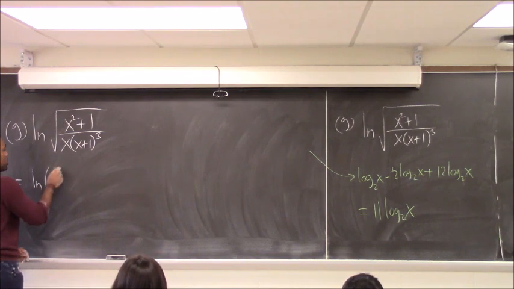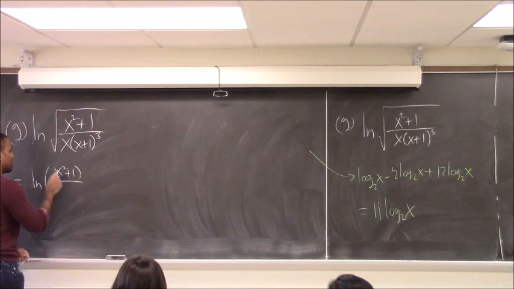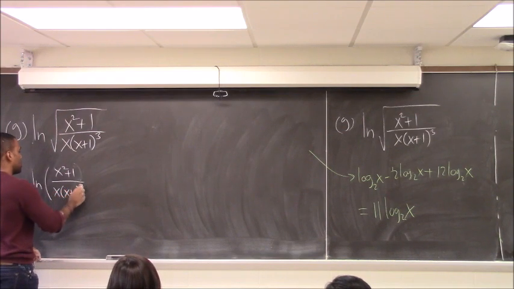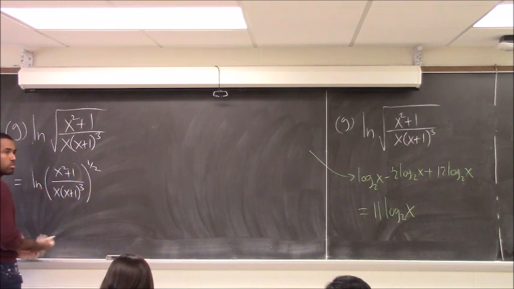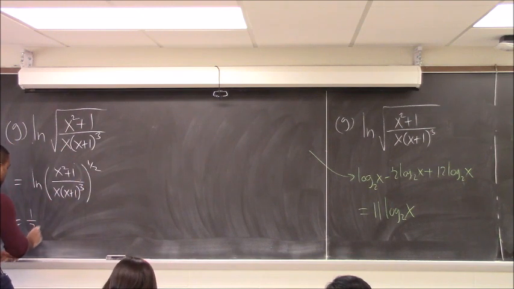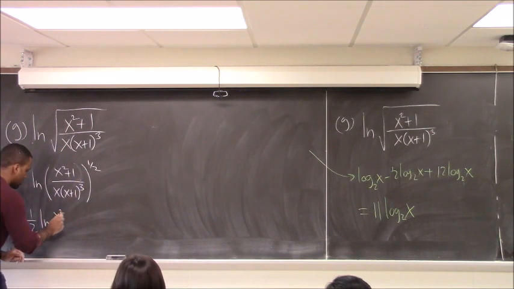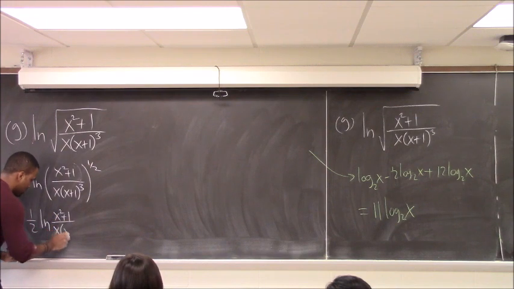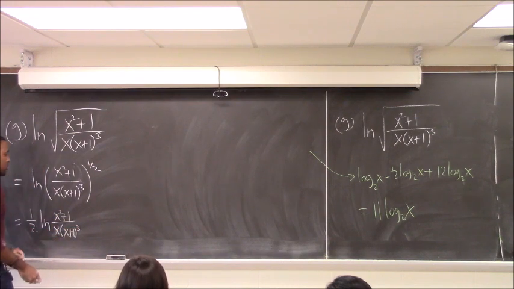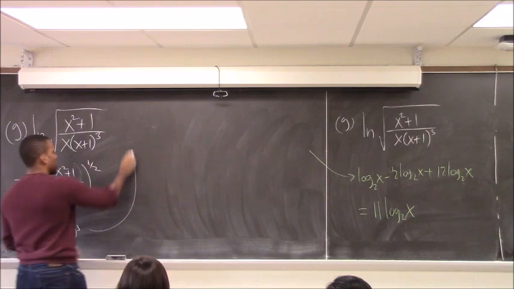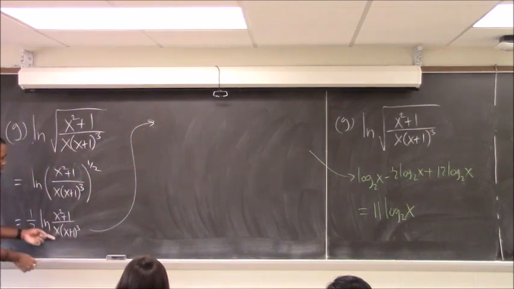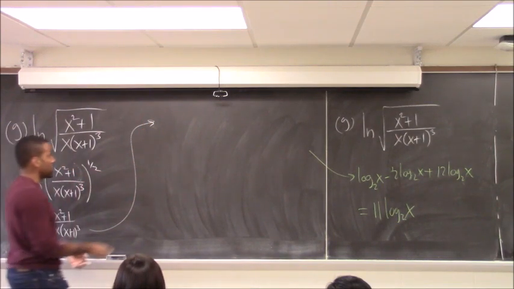How you can do this is just realize that that square root really just means 1/2 power. You can bring that half down. And now this logarithm, I have a division which I can change into a subtraction.